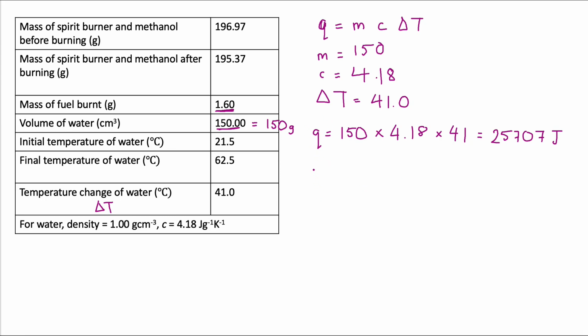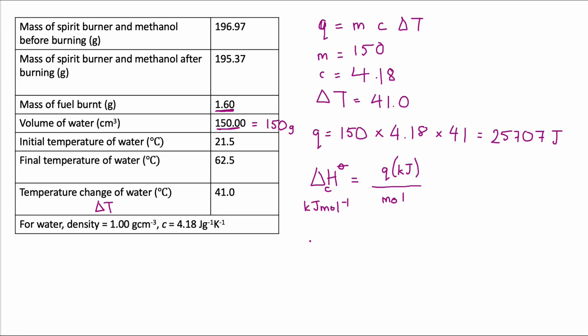If you remember, enthalpy change, in this case enthalpy change of combustion, the units for this are kilojoules per mole. At the moment we've got something in joules, so we need to convert that into kilojoules first. So I'm going to do my Q in kilojoules divided by the mole. This is where we're going to use the fuel, because we're going to calculate the moles of the fuel burnt.